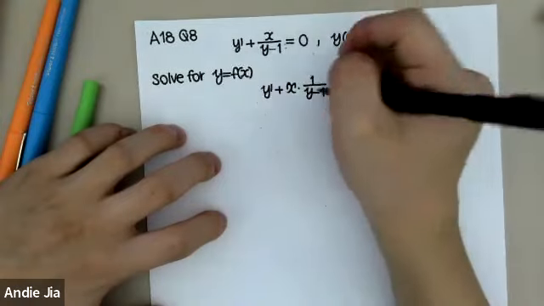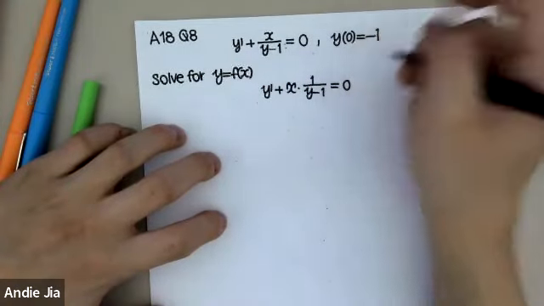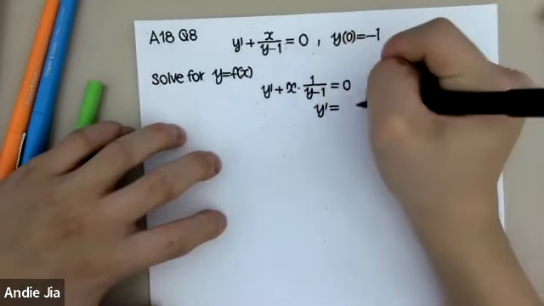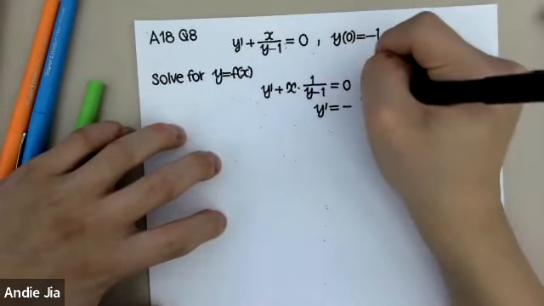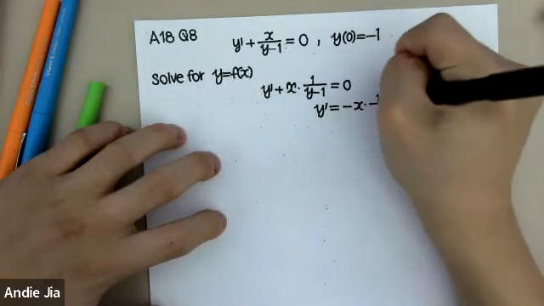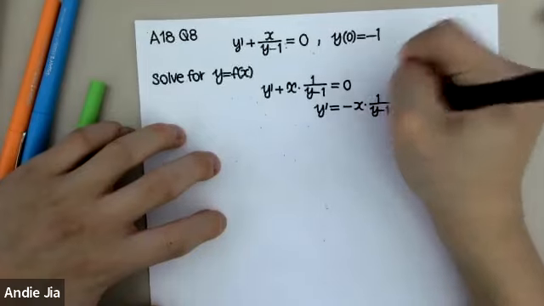If we move it to the other side, y prime is going to be negative x times 1 over (y minus 1).